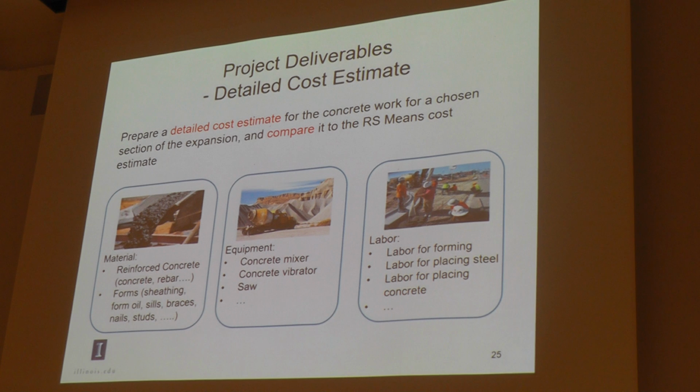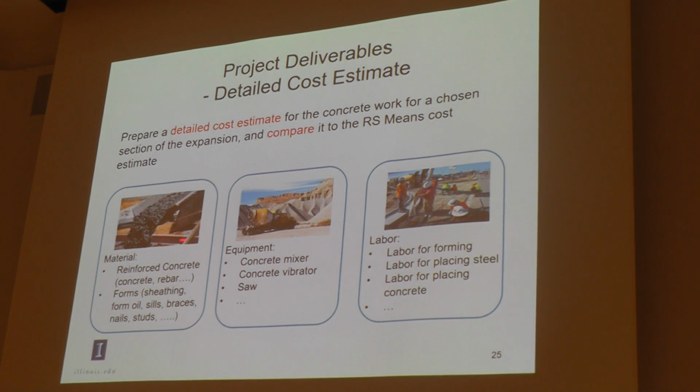For example, in the work we're doing, we have a slab on grade, we have a tunnel, we have an elevator pit. You can select one component to do this detailed cost estimation. For example, let's assume we'll be selecting the tunnel as the target for the detailed cost estimation.